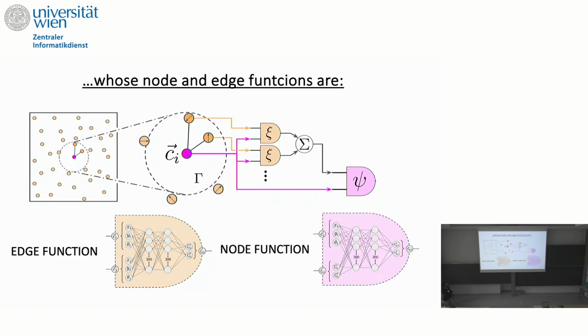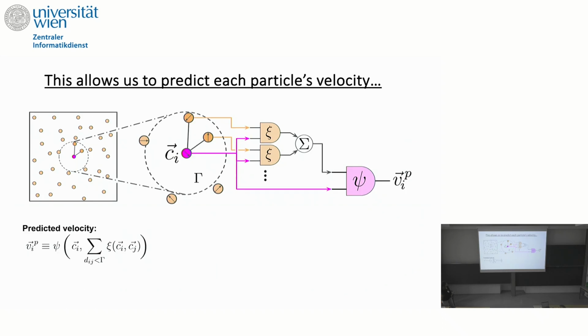Then we have the node function, here in pink, that takes as input the output of the edge function and all Ci, so all information for individual particles, and gives us the predicted velocity. So with the node function, we can predict the velocity of each particle.